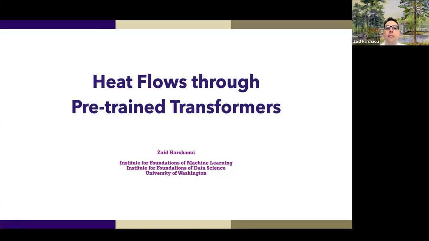However, we don't understand how it really works. In this project, I'll describe an angle from which we can see transformers, and that allows us to understand one particular aspect of transformers better.